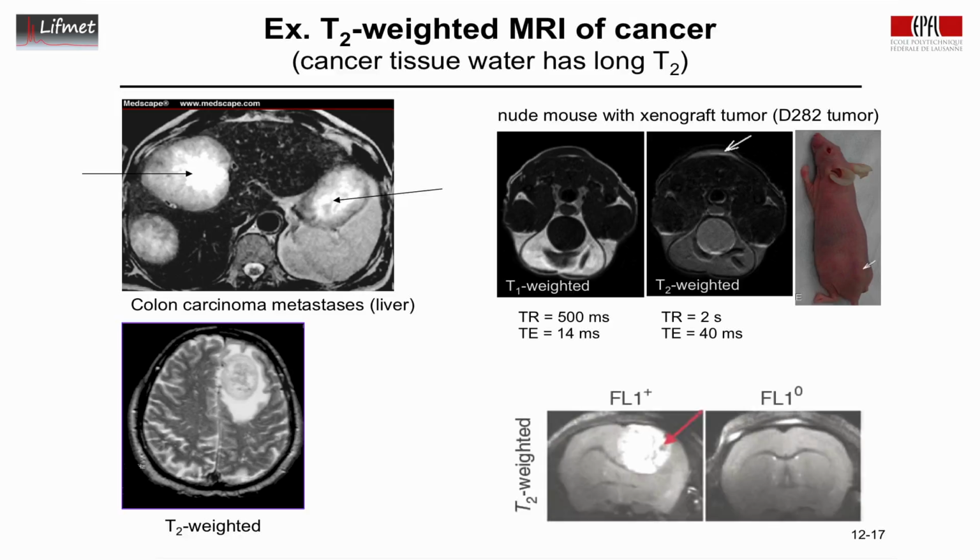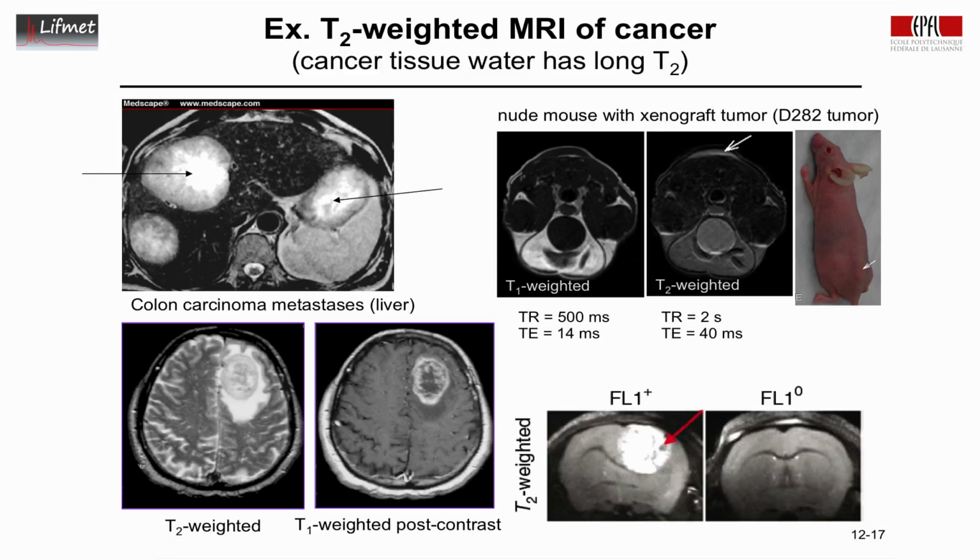Here's again a mouse implanted with tumor-bearing cells, non-tumor-bearing cells. In the T2 weighted image, clearly the tumor that has grown is very visible. And now on the T2 weighted image, one has very often a contrast that is not homogeneous for a tumor.